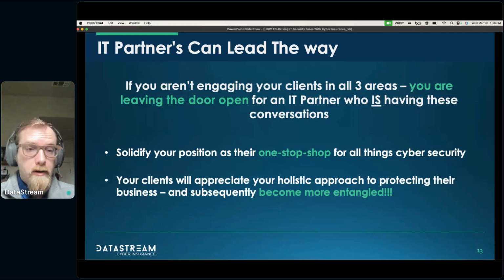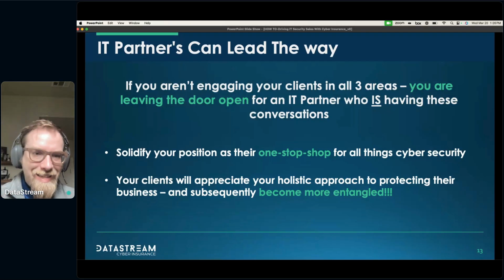Another thing I often hear from my partners is, more and more customers are viewing them as the one-stop shop, and ideally, that's what they want, right? The customer wants that trusted IT person that they lean on for all IT stuff, right? And so incorporating the cyber insurance leg into that can just help build that holistic approach, right?